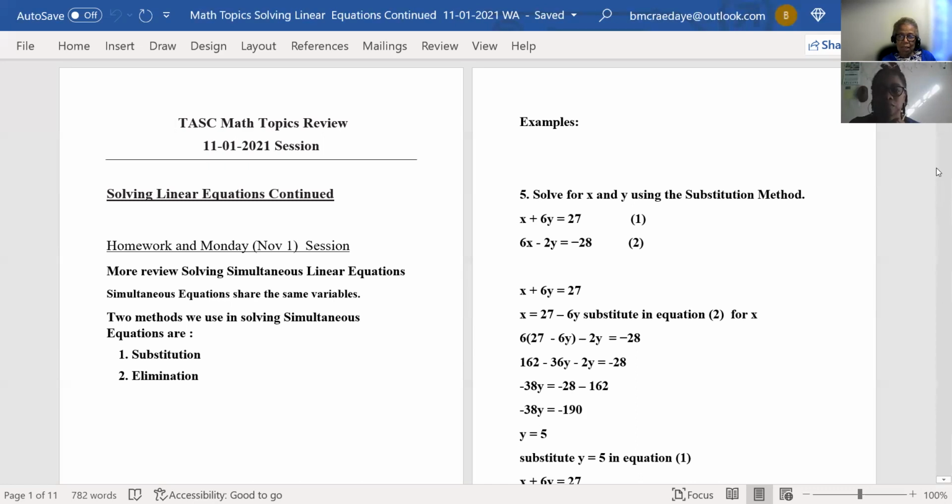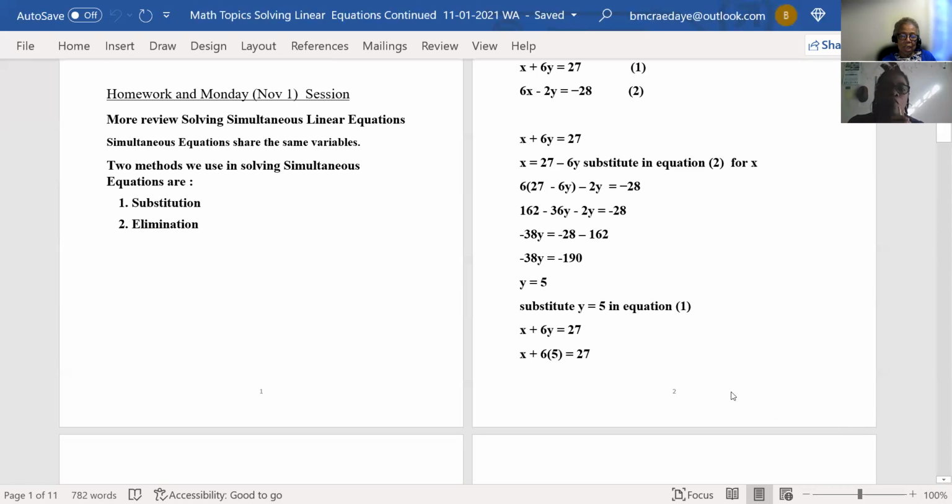Now, once we get the y value, we can take any one of our equations and solve for x. So if we take the first equation, x plus 6y is 27, substitute y, which is 5. So 6y becomes 6 times 5. x plus 6 times 5, which is 30, is equal to 27.